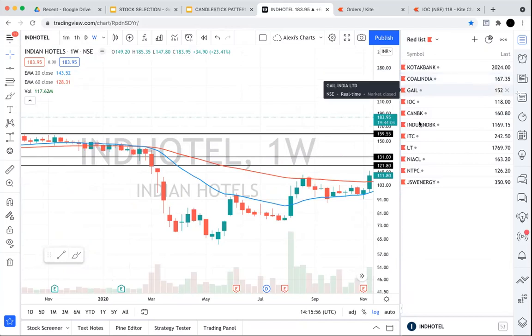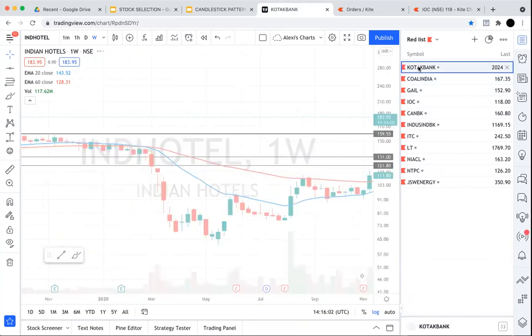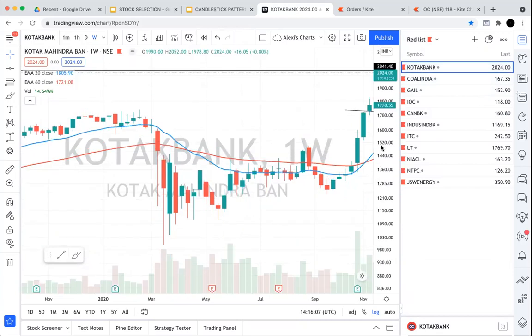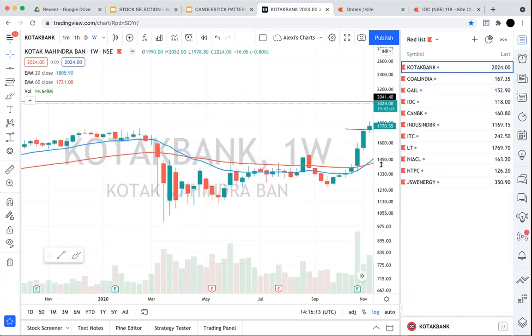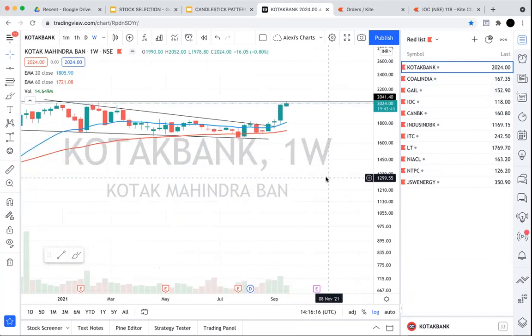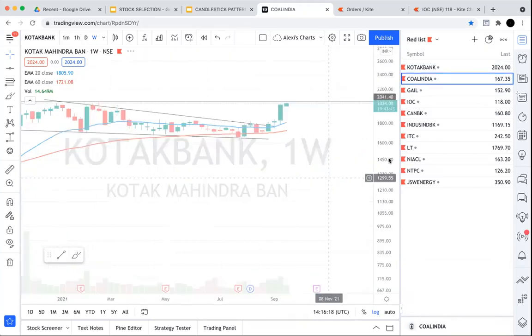All right, let's go here. A nice thing about TradingView charts is that when you are here, you can actually just press the space bar and it will go from one stock to the next. That's a nice feature that it has. I'll show you where I have drawn some trend lines.